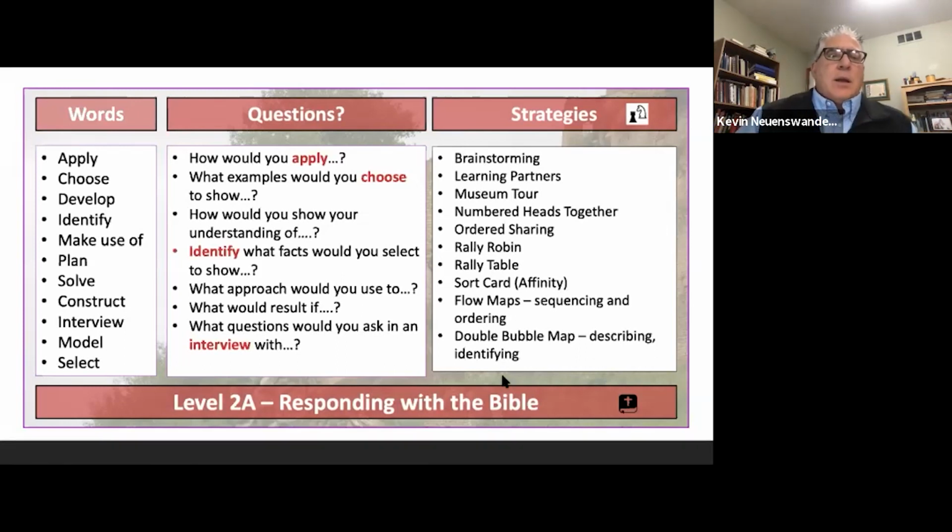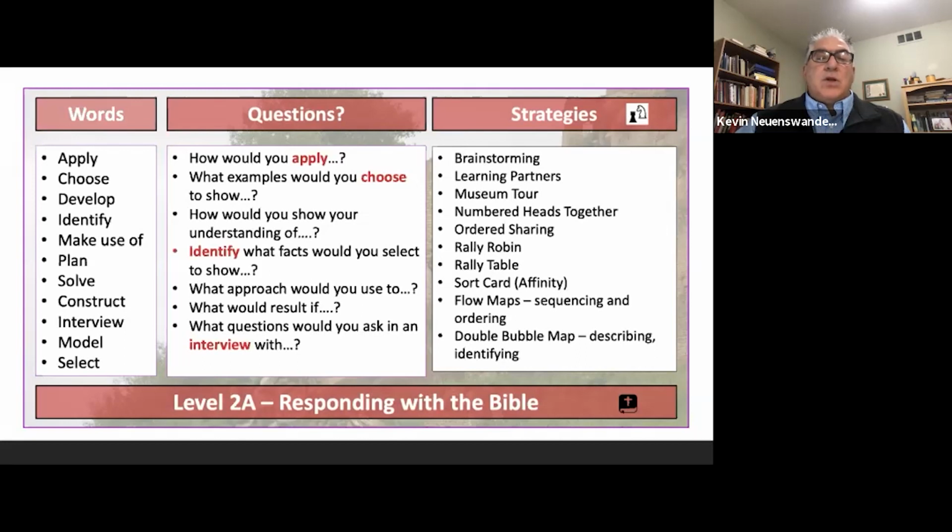The key words for that level of cognition are apply, choose, develop, identify, make use of, plan, solve, construct, interview, model, select. And some of the question starters using those key verbs: How would you apply?